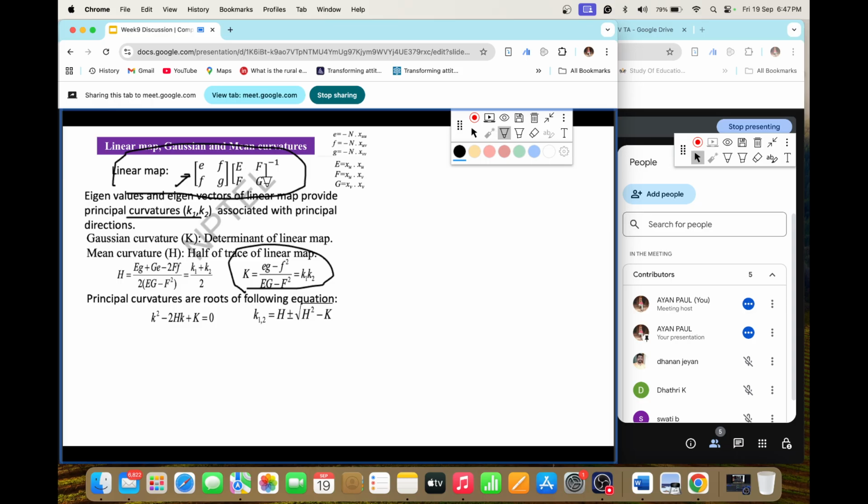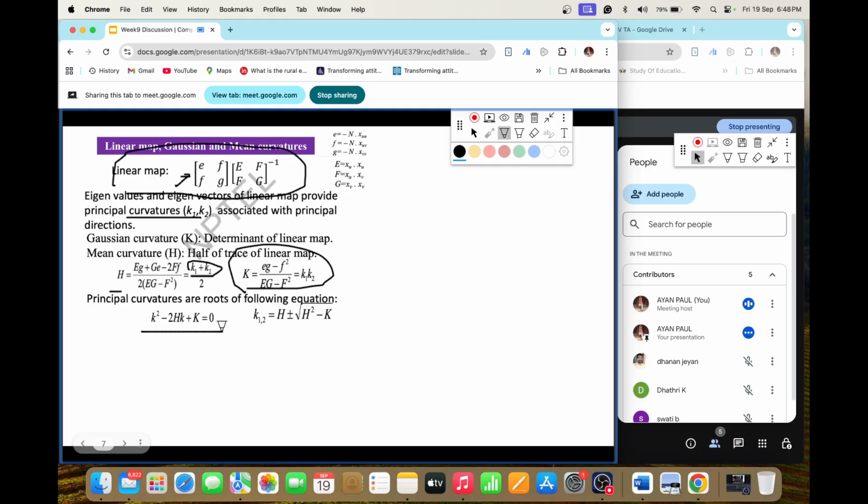First you solve this matrix and find the eigenvalues of it, and then multiply the eigenvalues to get the Gaussian curvature. And then to get the mean curvature, you have to take half of the trace. Trace is nothing but the sum of the diagonal. So just do the sum of the diagonal, or the sum of the eigenvalues, and divide it by 2, and by that you will get the mean curvature.